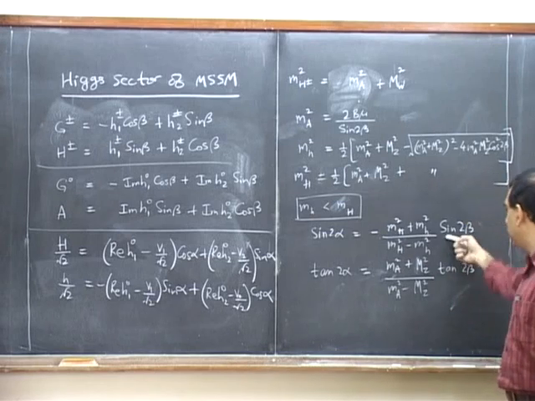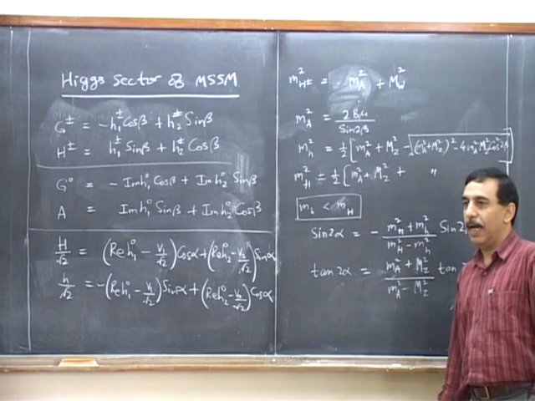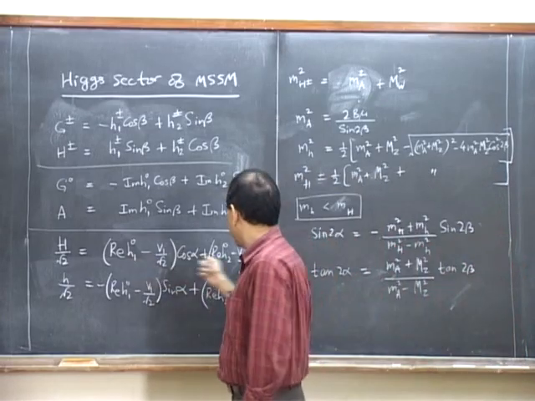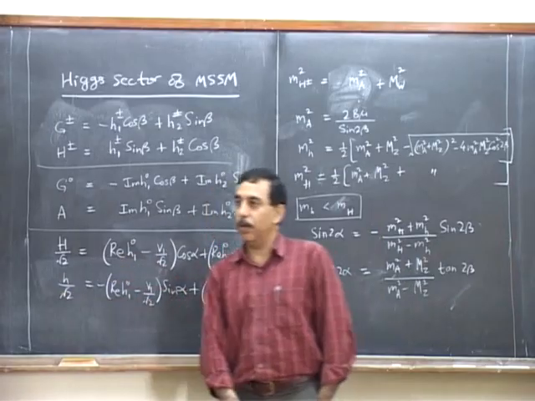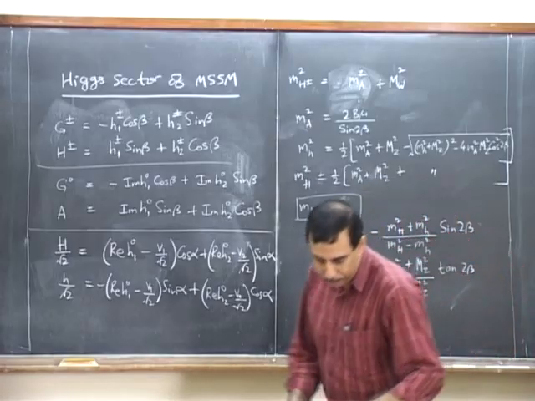So if you just plug that in, you can go from there. So this introduces a new angle alpha, which is the rotation angle which converts the real part of the two different standard model Higgs, their neutral components, into observable particles, which are mass eigenstates, capital H and small h.